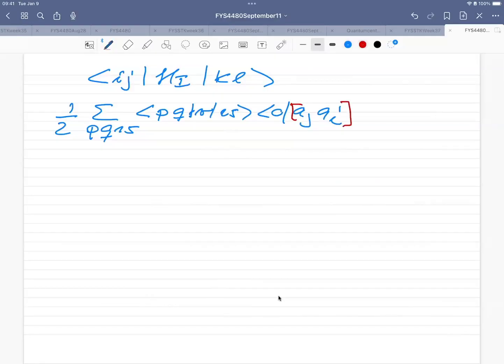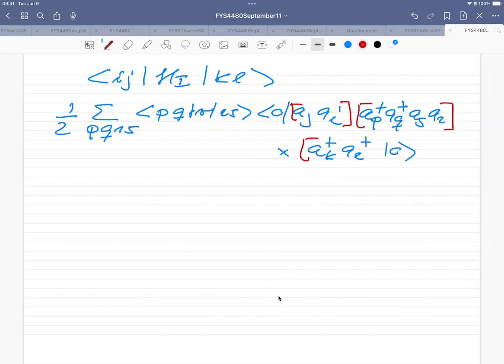And then we have the two-body operator itself, AQ dagger, AS, AR. And this is multiplied with AK dagger, AL, acting on that state. And if we now look at the operators, you could now think of this as three sets of normal ordered operators.